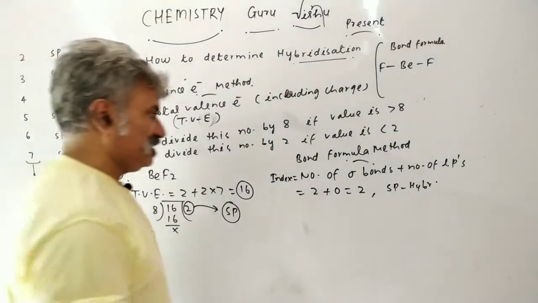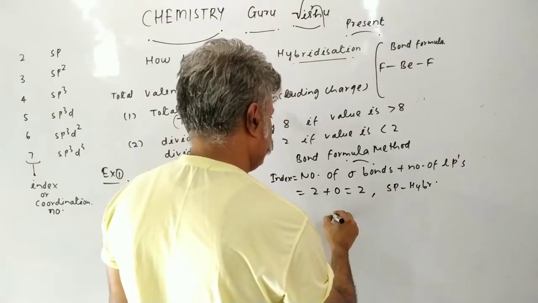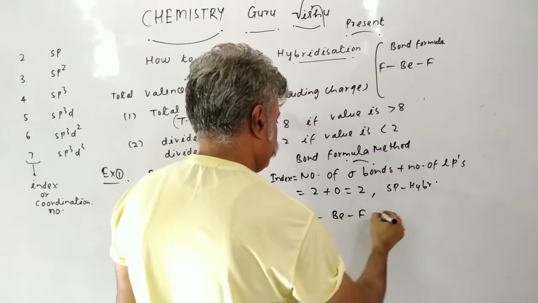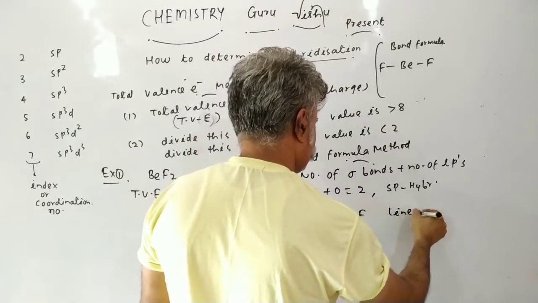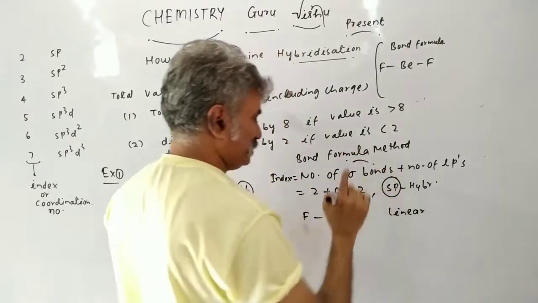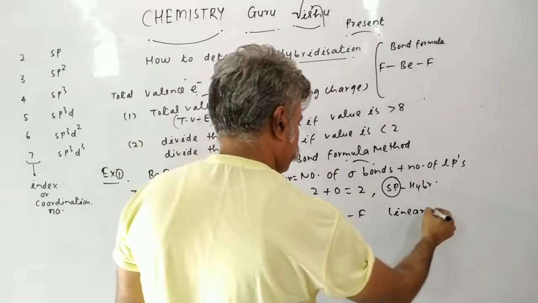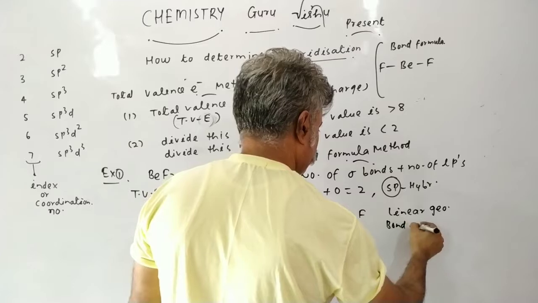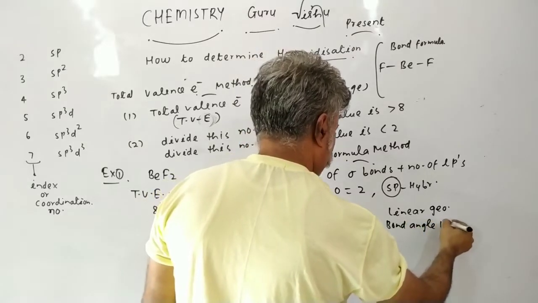So what will be the geometry? Geometry will be linear. F, Be, F, linear geometry. sp means linear geometry. Bond angle 180 degrees.